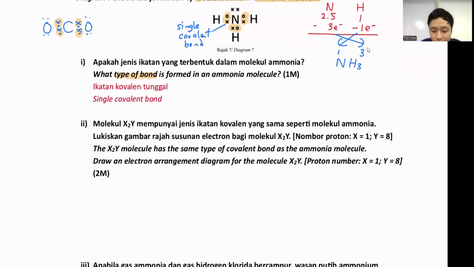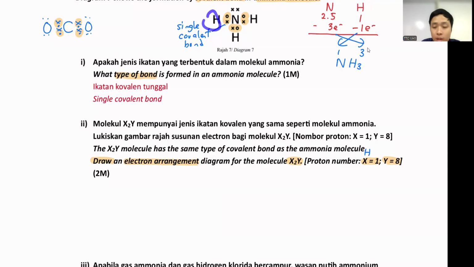And they ask the second question, this molecule has the same type of covalent bond as ammonia. So they ask to draw an electron arrangement for X to Y, where X, the proton number equals 1, Y equals 8. So it means X is hydrogen, because hydrogen also got 1 proton, right?